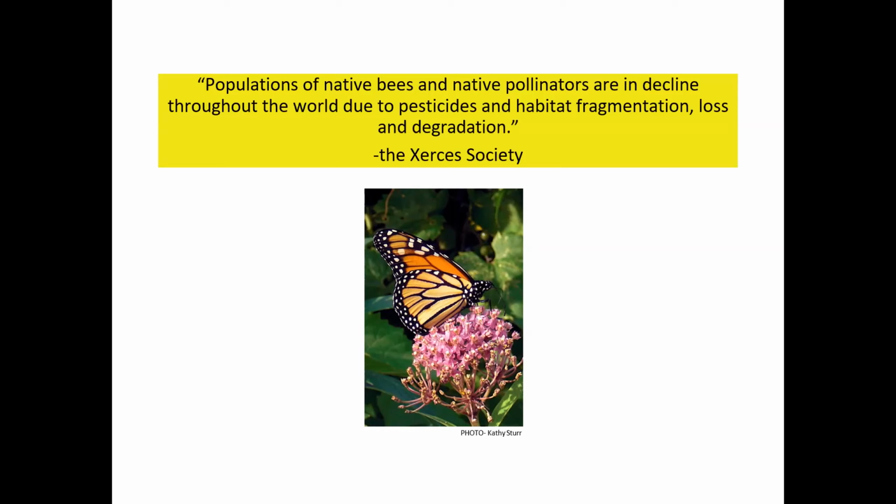But according to the Xerces Society, native bees and native pollinators are in decline, and this is because of us. We use a lot of pesticides, we've fragmented habitats, and habitats have been lost and degraded. As a result, we're losing not only our native pollinators, but insects in general.